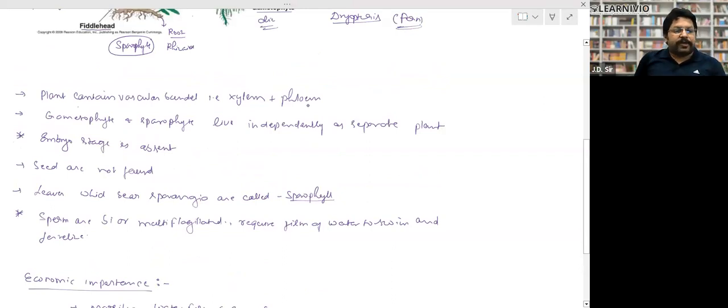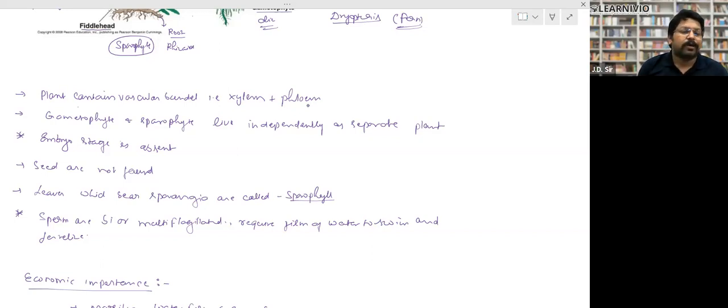The first and foremost feature, I will dictate and you will note it down. Plants contain vascular bundle, that is the xylem and phloem, right? In algae and bryophyte, vascular bundles were not developed. So in that respect, these plants are much more advanced, right?